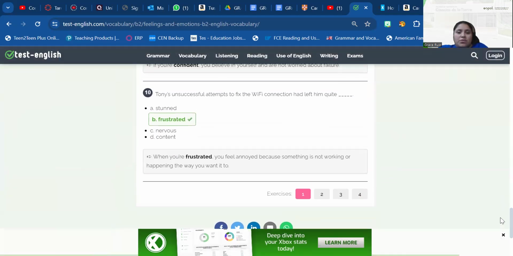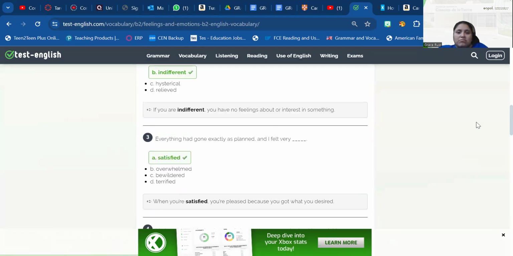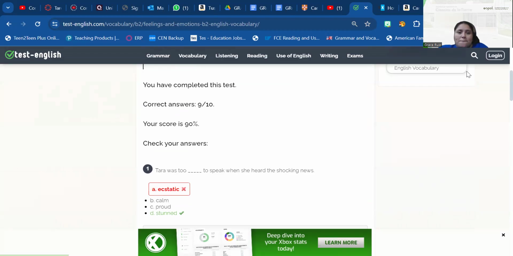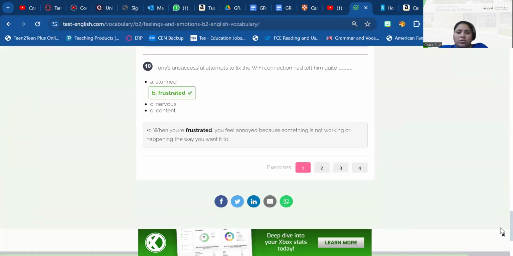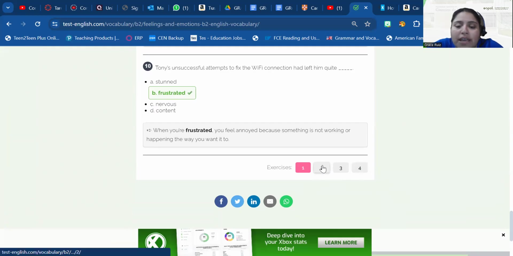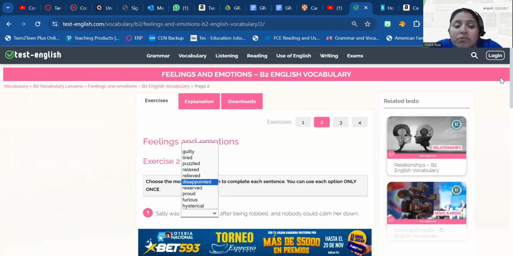And I am doing the first activity here. But definitely you have 4 more that you could work out with. So I encourage you guys to continue working on these types of activities. Here we have, for example, in the second one, in exercise number 2, you will have to choose one of the options.